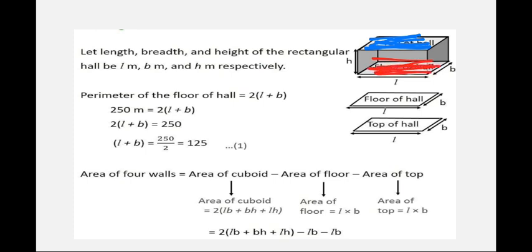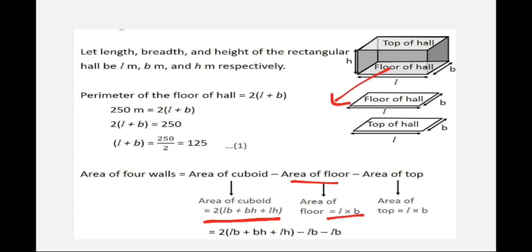Now the total surface area of a cuboid is 2(lb + bh + lh). The area of the floor is equal to length into breadth.